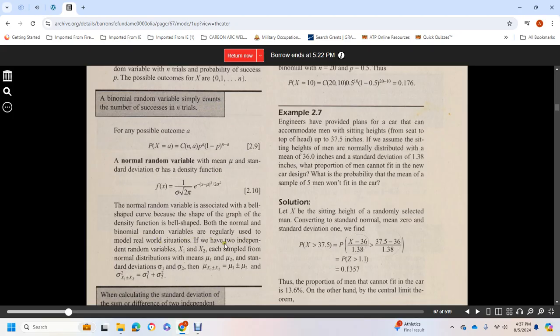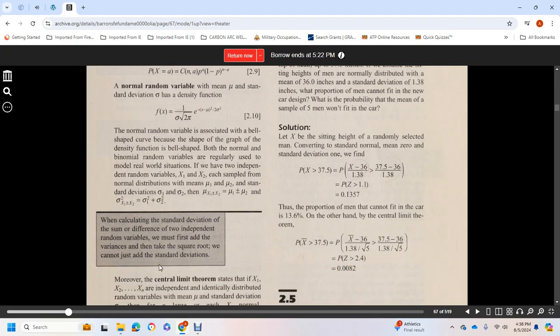Two independent random variables, x1 and x2, are each sampled from normal distributions, with means mu1 and mu2 and standard deviations sigma1 and sigma2. Then the mean of x1 plus or minus x2 equals mu1 plus or minus mu2, and the variance of x1 plus x2 is equal to sigma1 squared plus sigma2 squared.